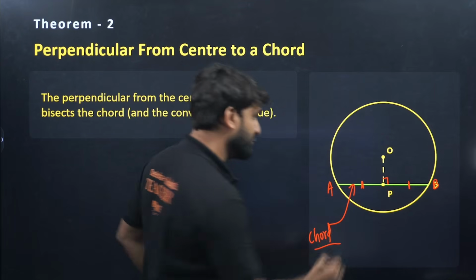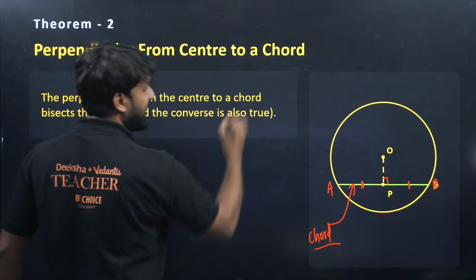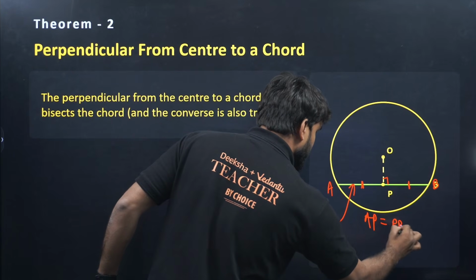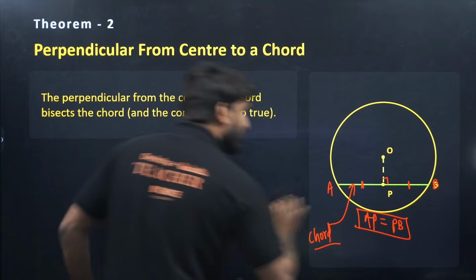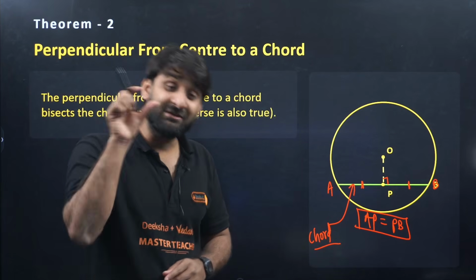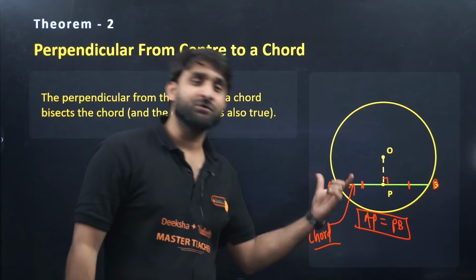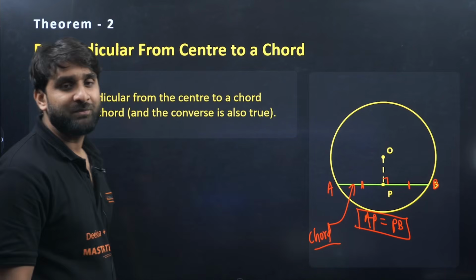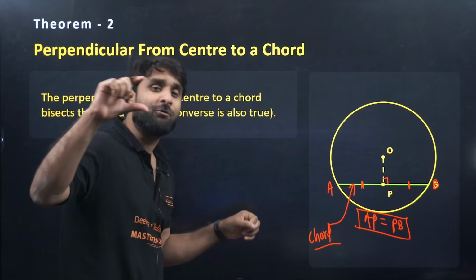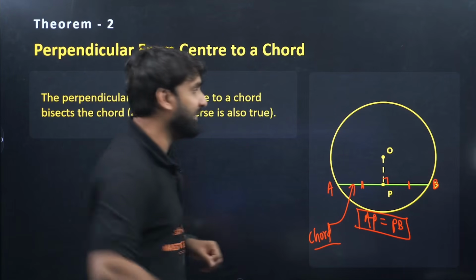Yes, my dear. So here AP will be equal to PB. This is the theorem. The perpendicular drawn from the center to a chord divides the chord into two equal parts. So AP will be equal to PB. And that's why this is called the perpendicular bisector.